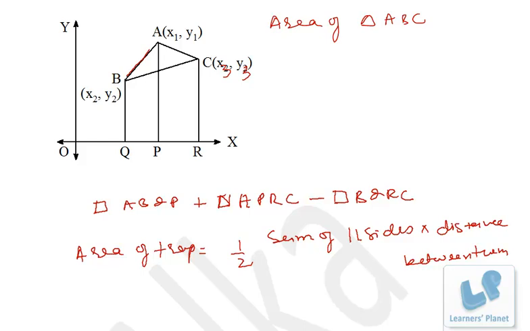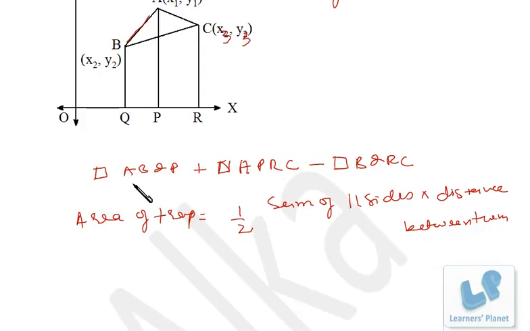Now first of all we find out the area of trapezium ABQP. Coordinates of Q will be what? This coordinate is x2, so coordinates of Q will be x2, 0. Coordinate of P will be x1, 0. Coordinate of R will be x3, 0.